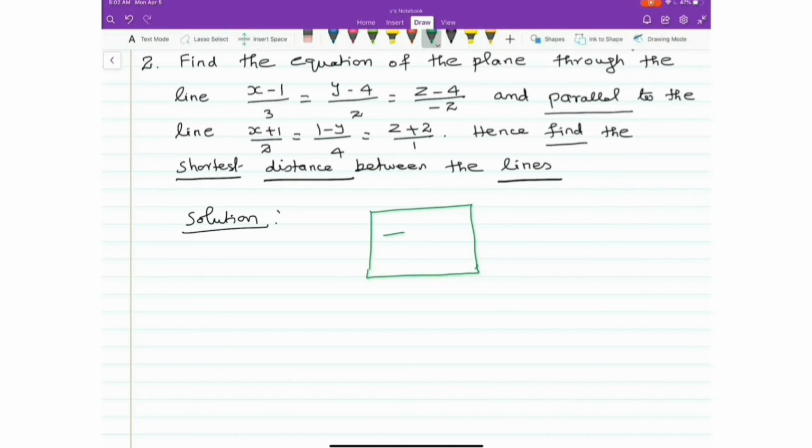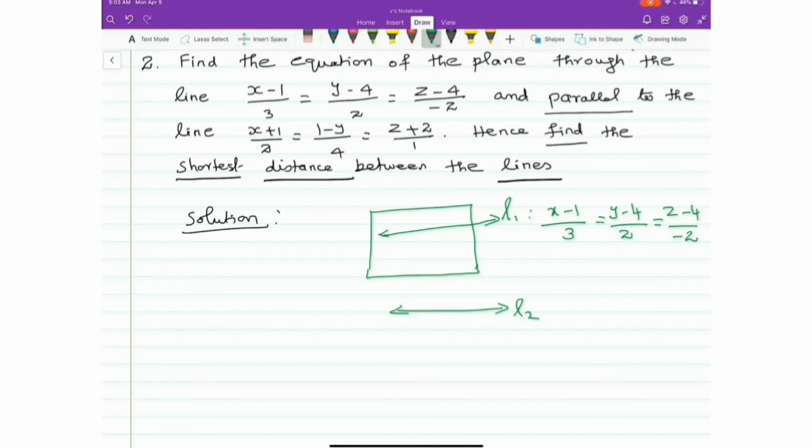This plane is containing the line L1. Let us take it as L1, that is (x minus 1)/3 is equal to (y minus 4)/2 is equal to (z minus 4)/(minus 2). Okay. And it is parallel to line L2. This plane is parallel to line L2.